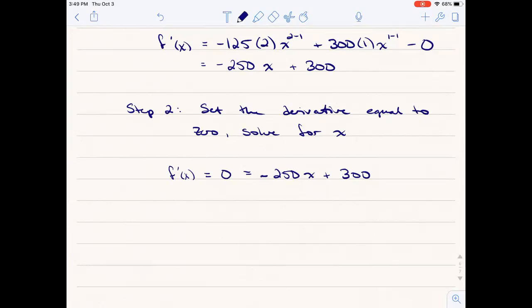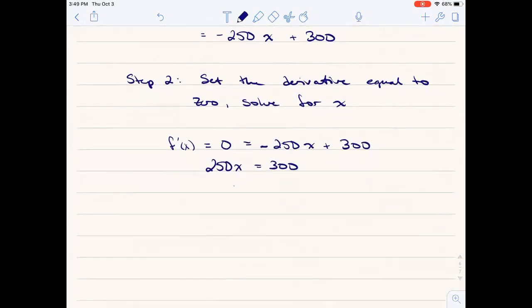I can solve for x. If I move the 250 over, 250x is 300. Then x is 300 over 250, so x is 1.2.